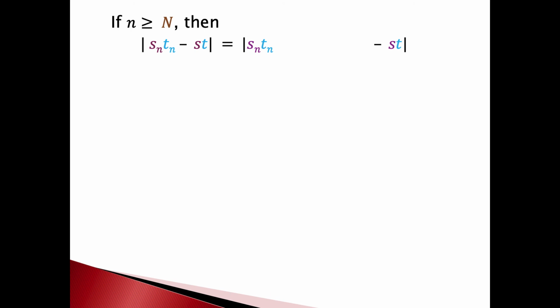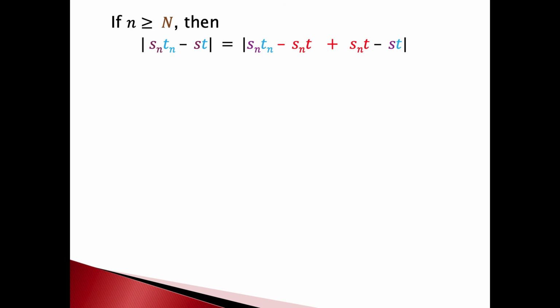What I'm going to do is, in that blank white space that I've opened up, add and subtract the same thing. I'm going to add and subtract Sn times T. So I haven't changed anything in the red there. I have an SnT, and then a minus SnT. So I didn't change anything. Everybody's with that. But by adding and subtracting this SnT, it lets me group these two things and hit it with the triangle inequality.